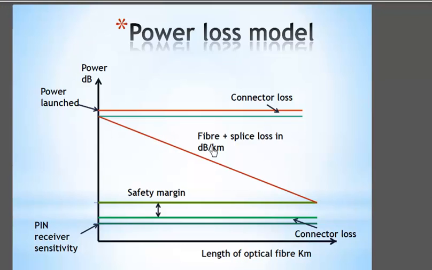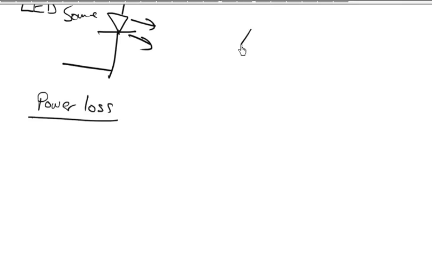That A is called attenuation. The fiber loss per kilometer is what we call attenuation. AL doesn't mean A per L. If I have attenuation as decibel per kilometer, the loss will be A times L, the decibel per kilometer multiplied by the length.